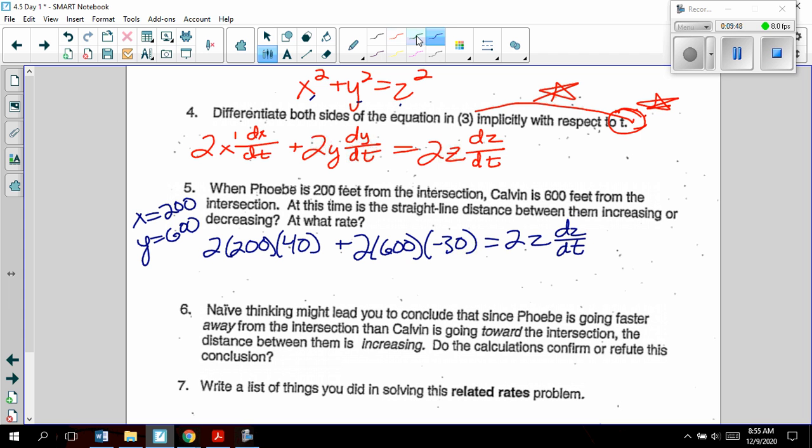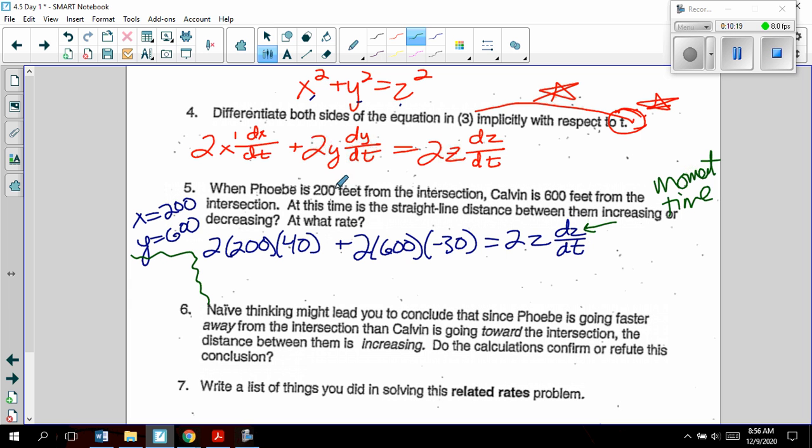This is what we're trying to find, but I notice I still have z here. I've still got 2 variables, because your derivative's a variable, something you don't know, and z is still a variable I don't know. What is going to happen 95% of the time here is that using this x and y, I can solve for this z at this moment in time.